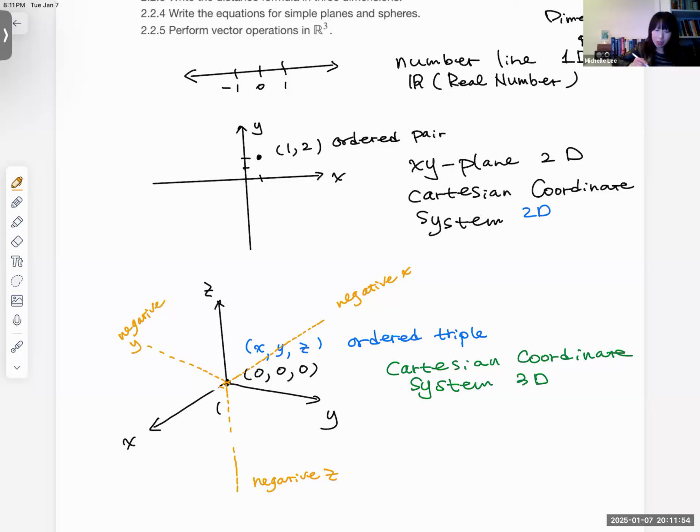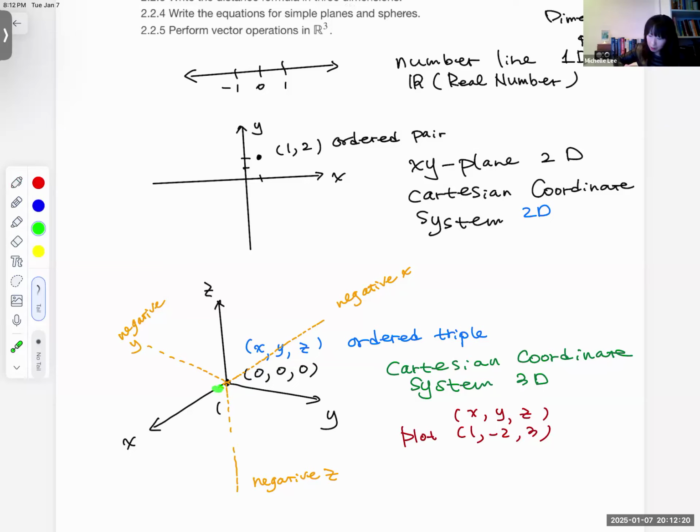Okay, let's plot the point 1, -2, 3. Look, 1 for the x. Let me write it down: this is x, y, z.